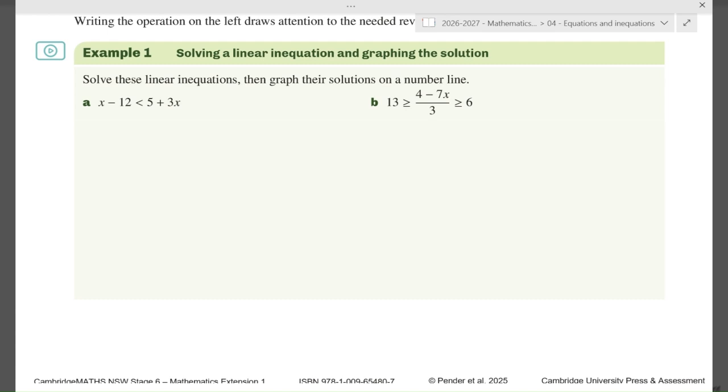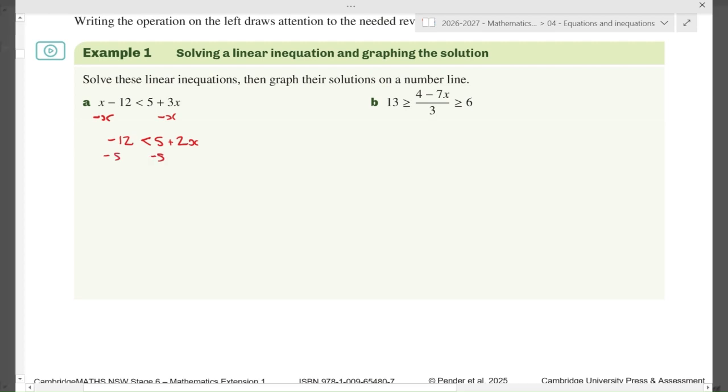Cool? All right. To move it to the right, what am I going to do? I'm going to subtract x from both sides. Now, you should not need these steps that I'm writing down now, but if you do, you do. So I'm left with minus 12 less than 5 plus 2x. Everyone cool with that? Now what do I need to do? I need to subtract 5 from both sides.